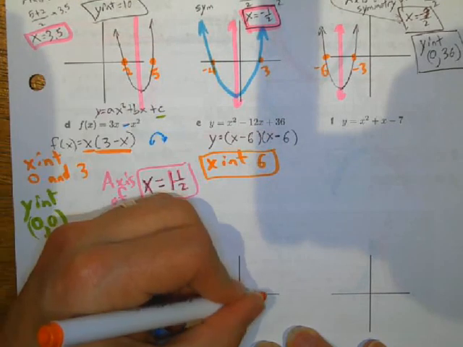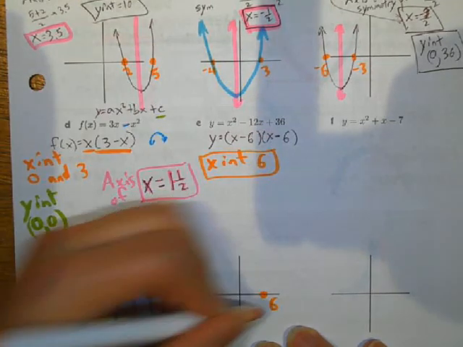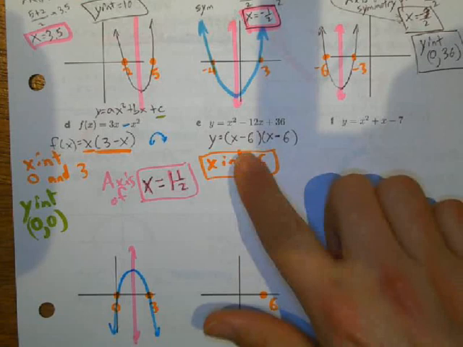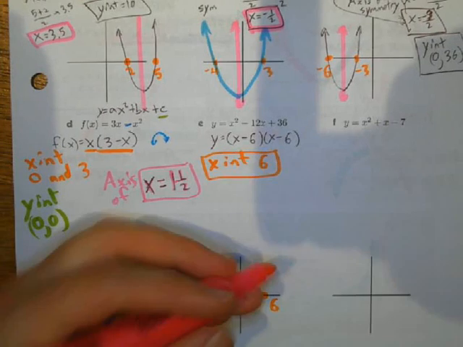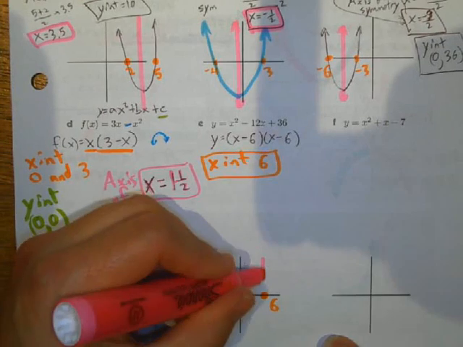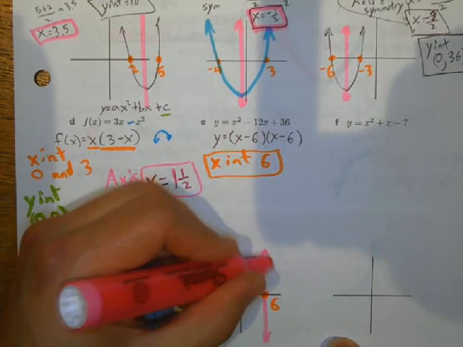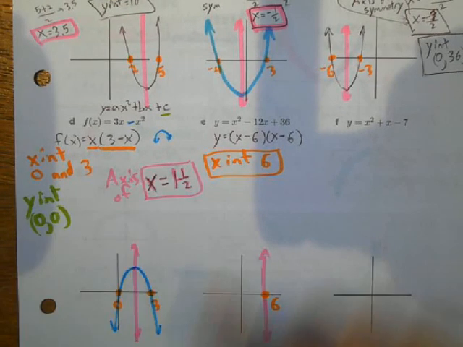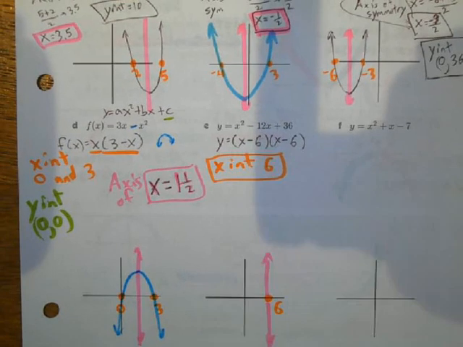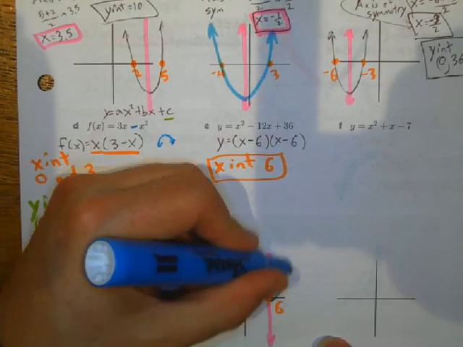So when these are the same, that means our parabola only touches at one spot. The x squared is positive, so our parabola points up.